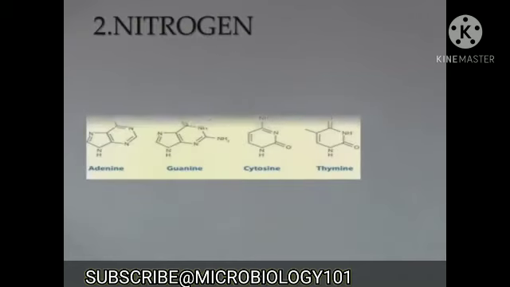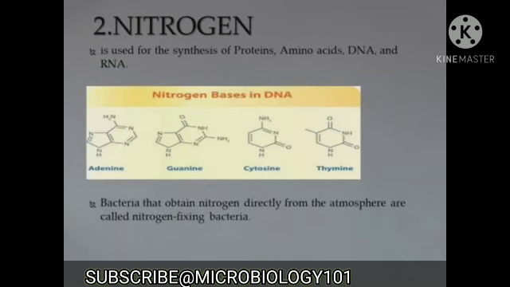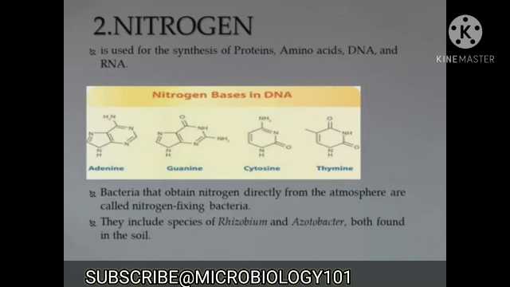Nitrogen. Nitrogen is very essential in the growth and development of not just microorganisms or complex organisms, but also plants and their species. It is important in the synthesis of protein, amino acid, DNA and RNA. You can see here in the bases of the DNA, there is a nitrogen group in adenine, in thymine, in guanine, and in cytosine.